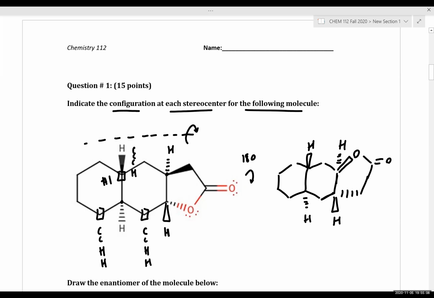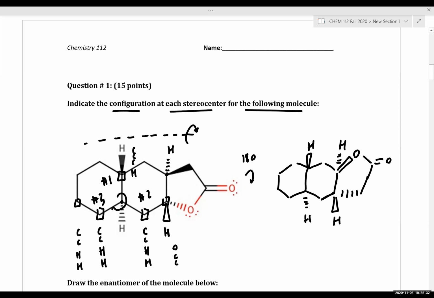Okay, next we're going to go another step out for our tiebreaker. We have an oxygen and 2 carbons, and we have 2 carbons and 2 hydrogens. What wins out? The right or the left? The right, yep. So the right is priority 2, the left is priority 3.